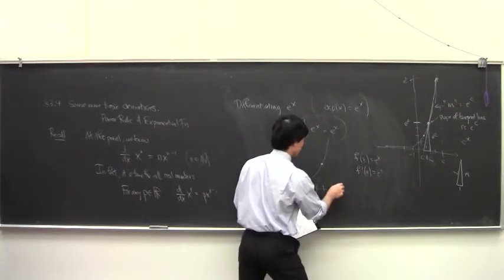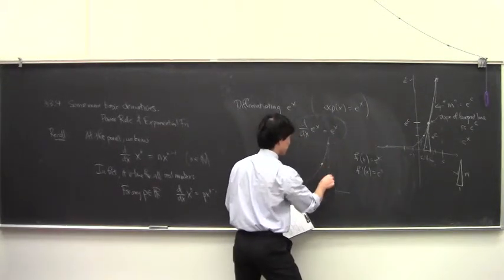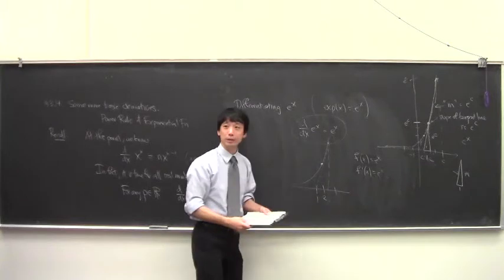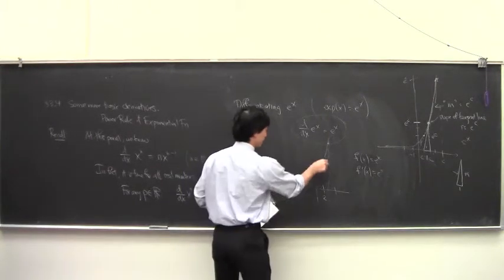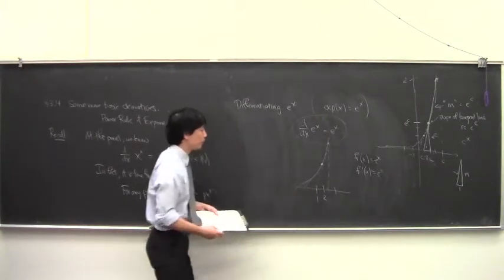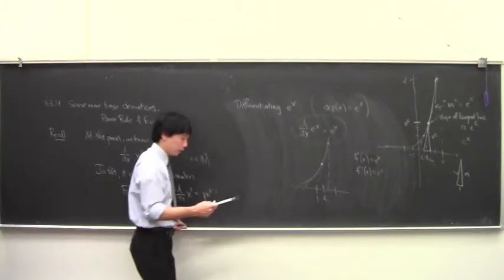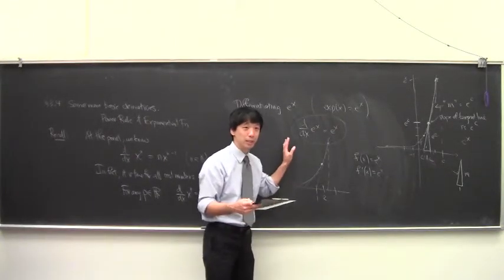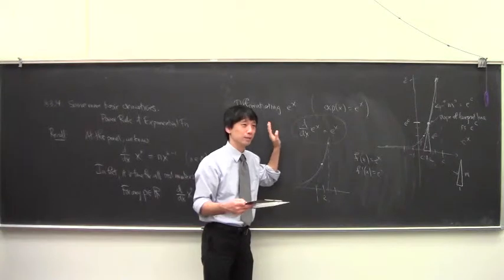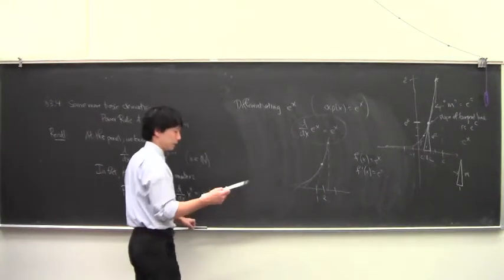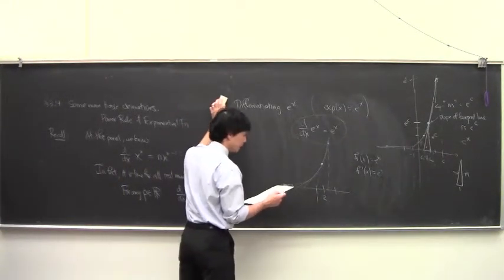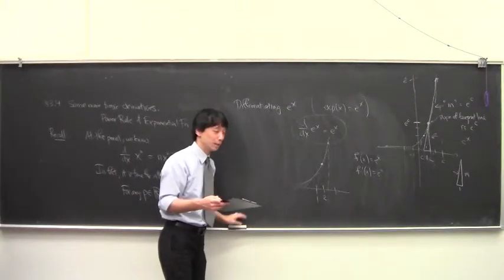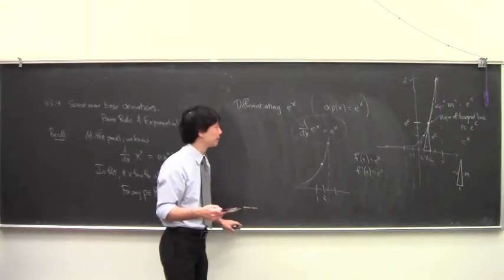If I took the tangent line at this point, it's going to intersect one unit over, etc. And in fact, it is the only function that has this property.